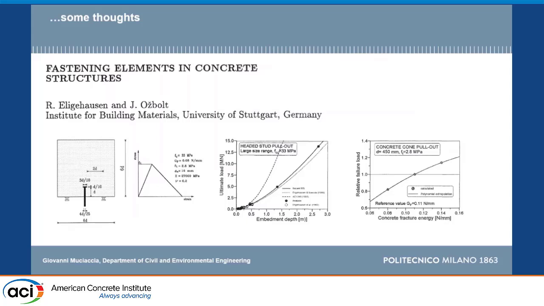For instance, at those times, the basic model, which is based on fracture, was clearly shown, with an influence of fracture energy. Which means we do not look only at concrete strength, or we may look only at concrete strength as a property if in this framework this is fixed, this is fixed, this is fixed. But if we are changing one thing, we have to see if all the rest was developed consistently.